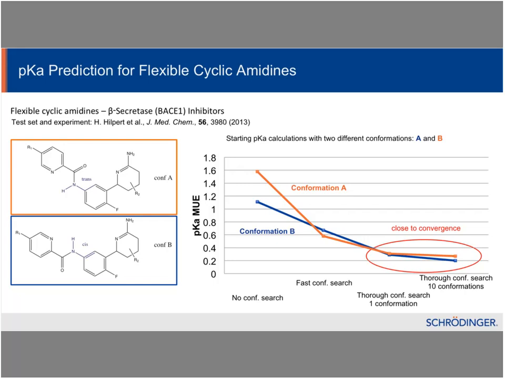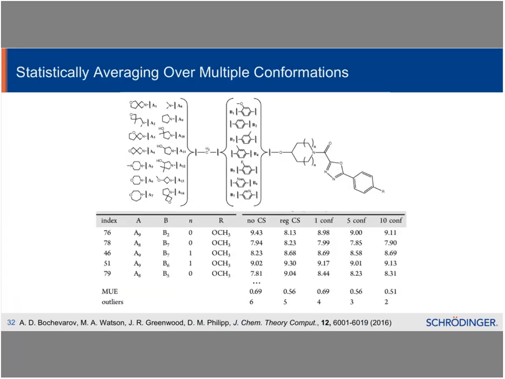Does the number of conformations for quantum chemical calculations matter? It matters a little bit. So look at these results. They were published in the paper shown below. We have very large and complicated molecules here, and these are their mean unsigned errors and the number of outliers.